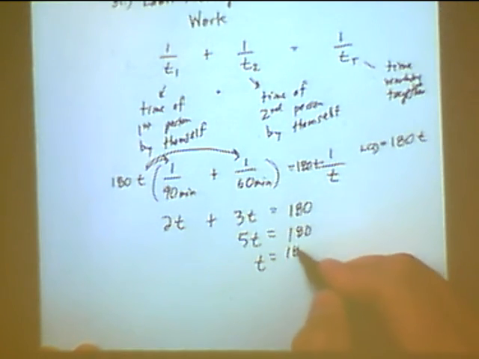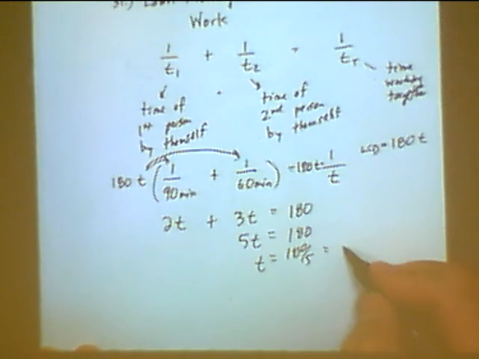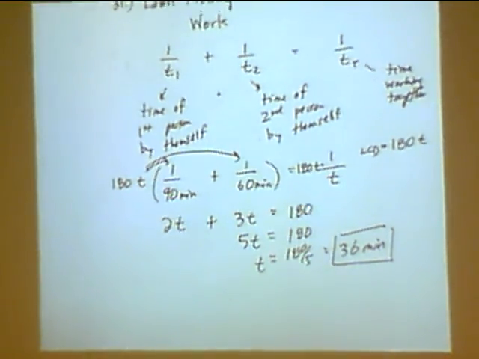The time, 180 over 5, is 36 minutes. So if the brother and sister work together to cut the grass, it takes them 36 minutes. So this is an example of a work problem, probably one of the easier kinds of story problems we have.